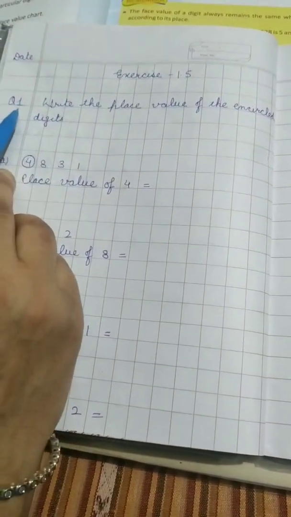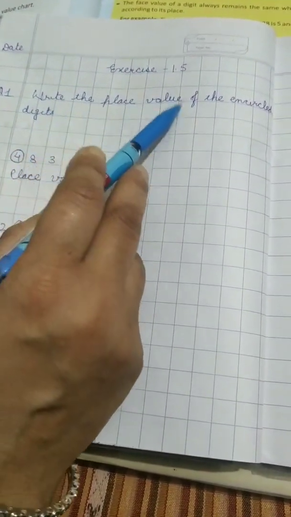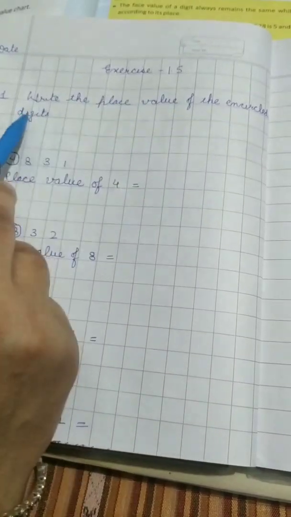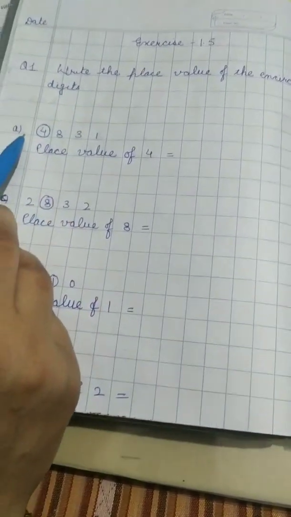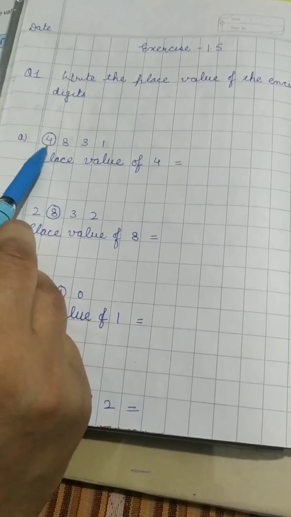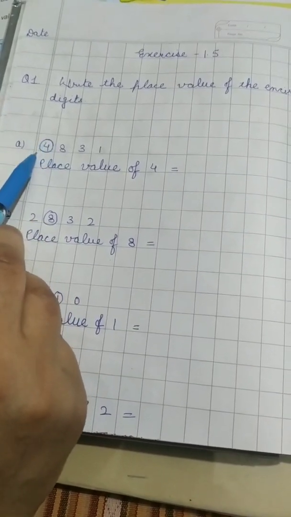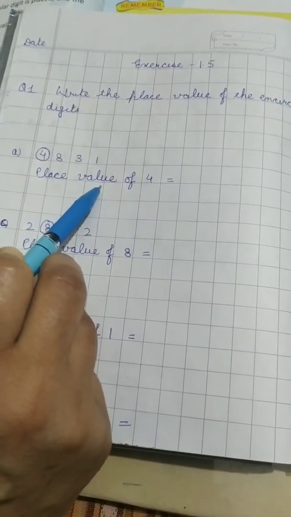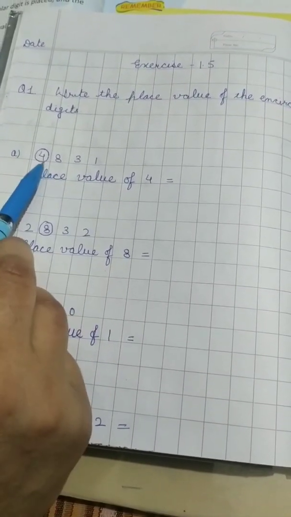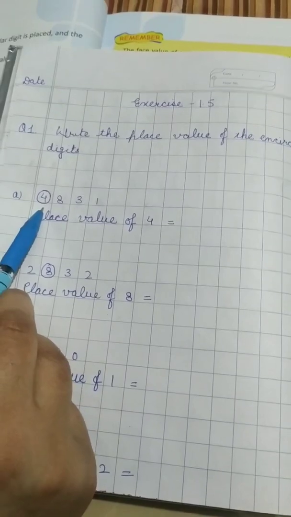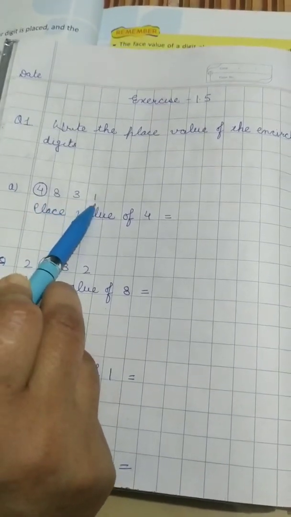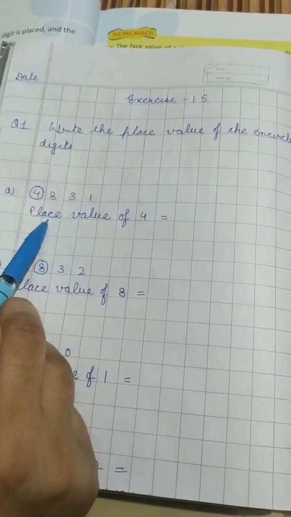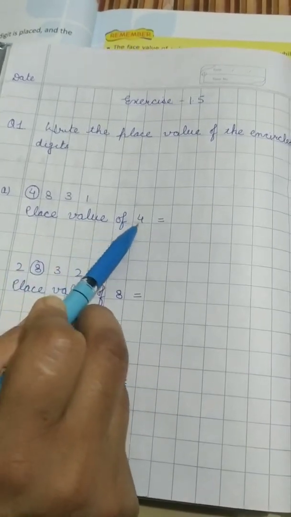Question number 1. Write the place value of the encircled digit. Here you are given a number and a digit is encircled in this number. You have to write the place value of that encircled digit. In the first question, we have 4831 and we have to find out the place value of 4.